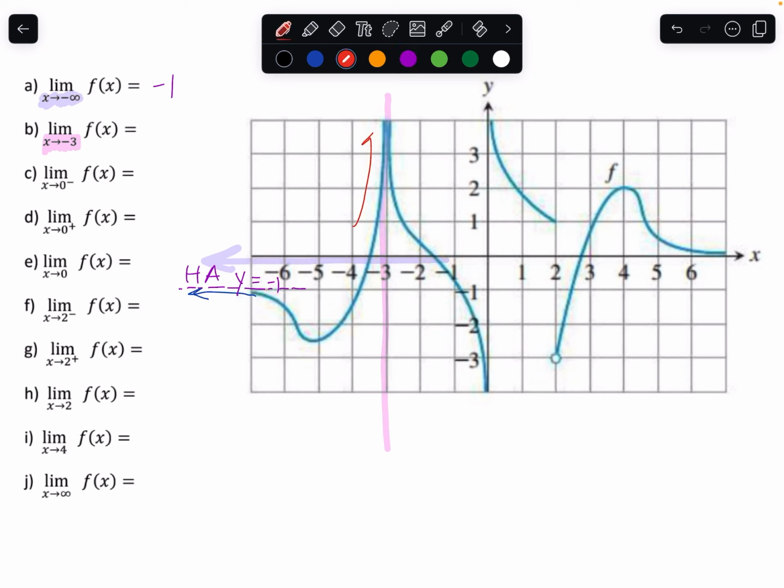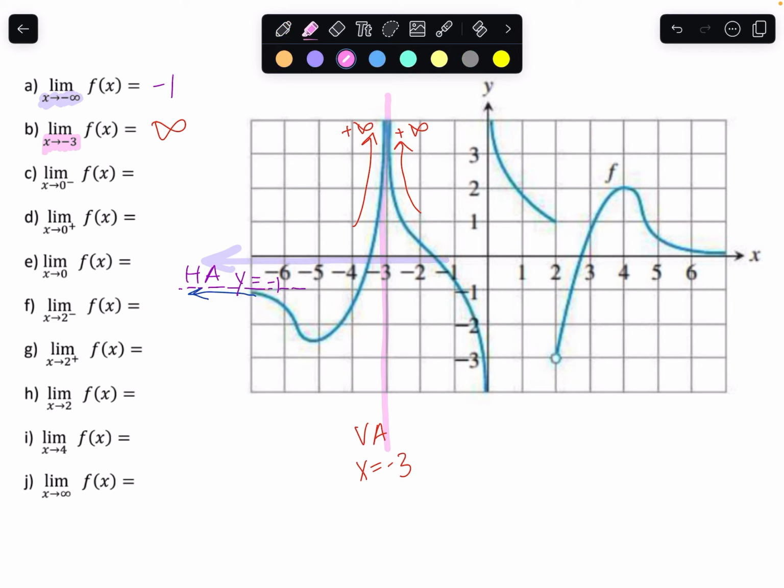Well, on the left side, as we get closer and closer to -3, but we never touch that vertical asymptote, my y values are going to positive infinity. And the same idea here, as we get closer and closer from the right, we're also going to positive infinity. So at that vertical asymptote at x equals -3, the y values are approaching positive infinity.